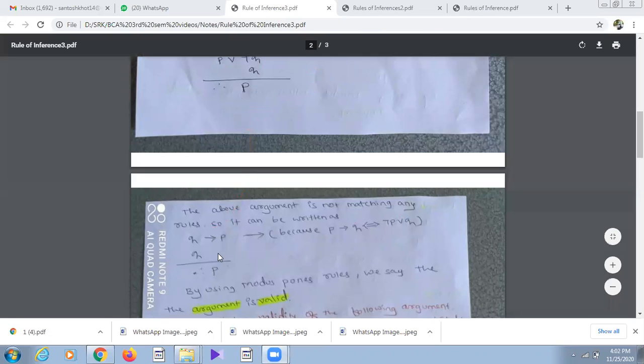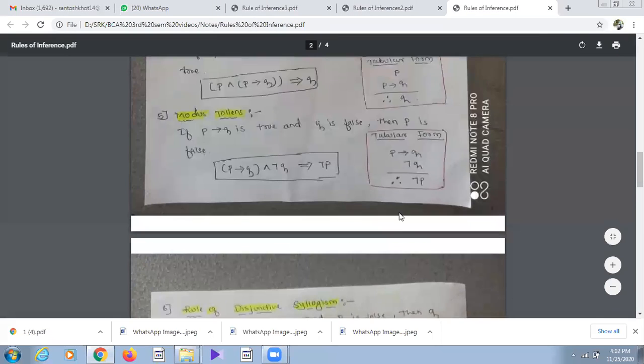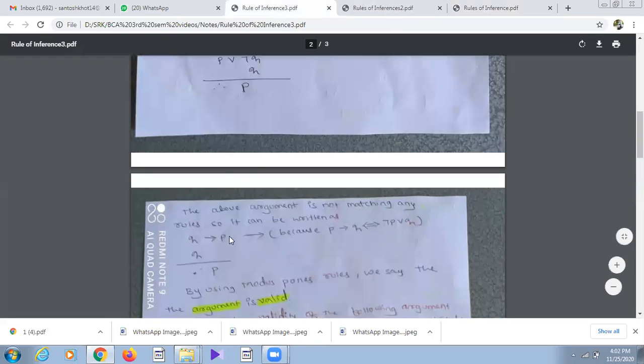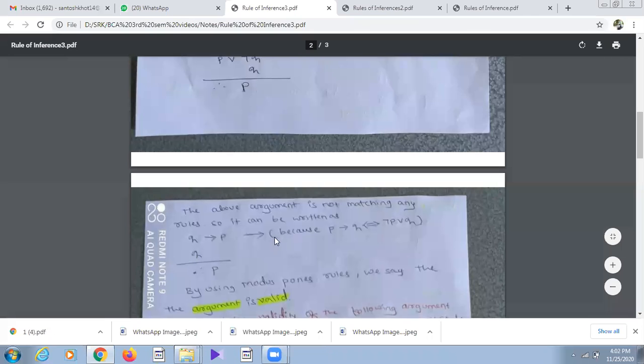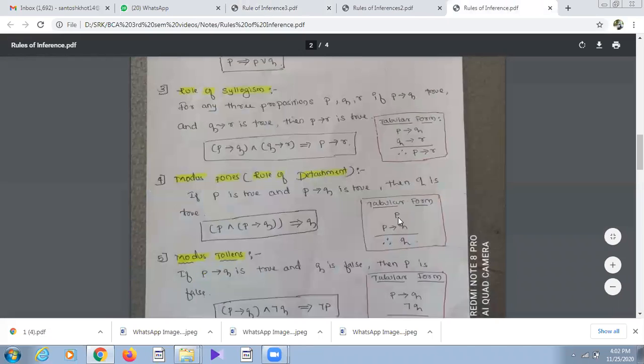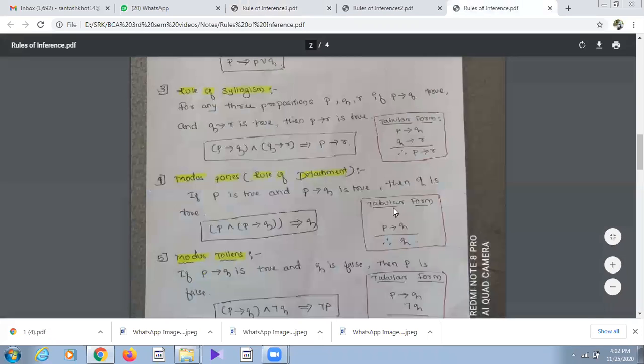So Q conditional P and Q. So that is P conditional Q and P is there, below Q is there. So same here, P conditional Q. See here, modus ponens: P conditional Q and below P is there. Here also instead of P we consider Q. Okay, so QQ here, also PP is there.